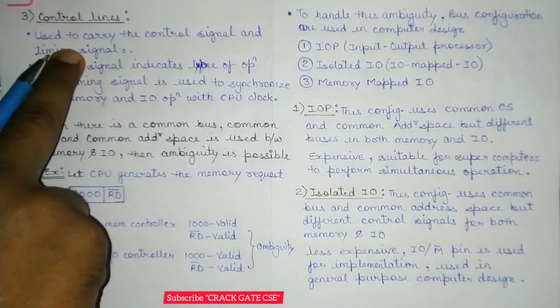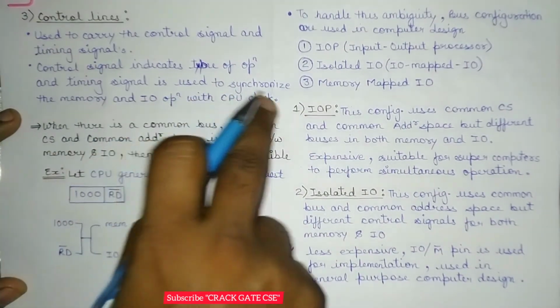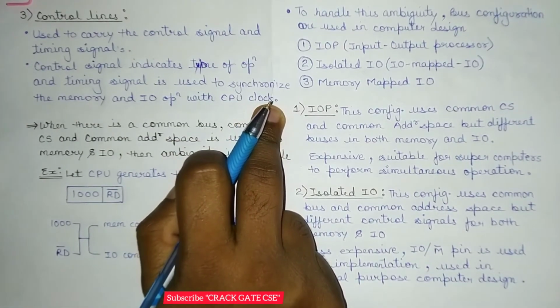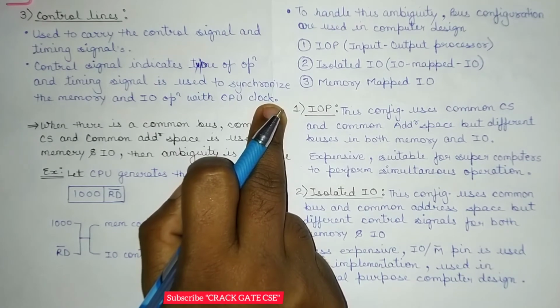And this timing signal is used to synchronize the memory and the IO operation with the CPU clock, because for better synchronization the CPU clock or the time has to be the same in all the components. If the CPU clock differs, then there will be some conflicts, so it's better to synchronize. There is a topic in distributed operating systems like synchronization, and in general operating systems also there is a topic of synchronization.